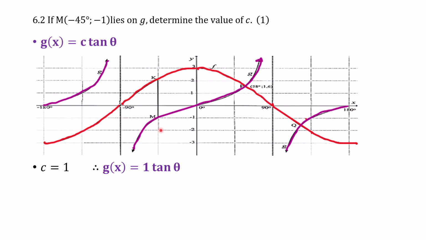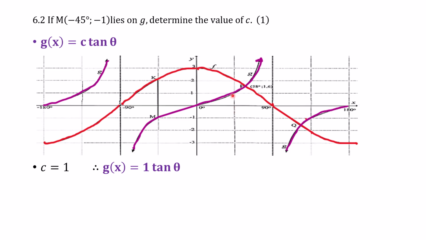So if that is minus 1, then automatically the c value here is 1. If we continue up, where it's 1 would be tan 45. So tan 45 equals positive 1. Tan negative 45 equals negative 1. I hope it makes sense.